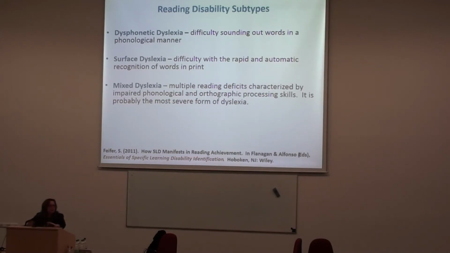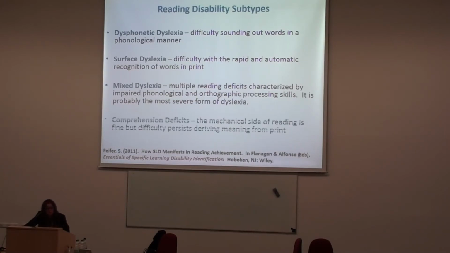We just started kind of pushing those tests into the schools, and now we're discovering that more and more children are presenting with orthographic processing deficits, right? So it's important to understand if they have phonological and orthographic processing, because the interventions will be different depending on what the underlying cognitive processes are that is causing difficulty acquiring reading.